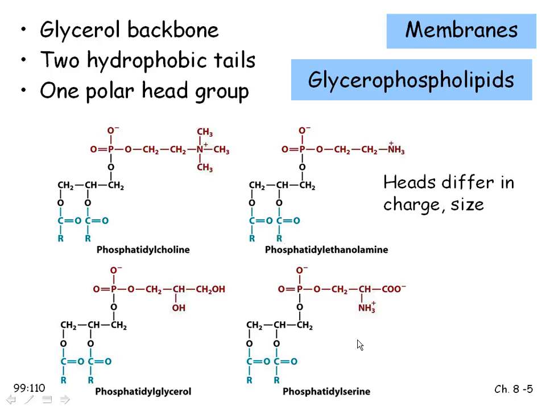Here's phosphatidylserine. And in this case, we have the carboxylic acid and amine group balancing each other out. So 1 net negative charge, but a lot more charge in general than some of the other ones. So these different groups can give a very different geometry and electrostatic cloud for membranes to work with. They're different in charge and in size.